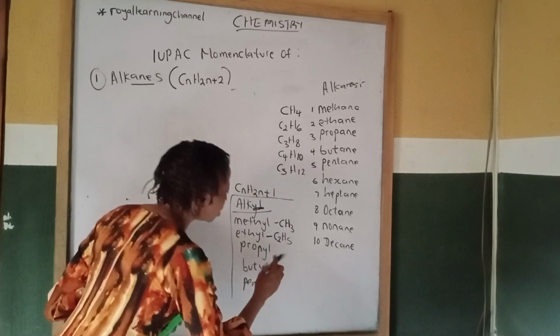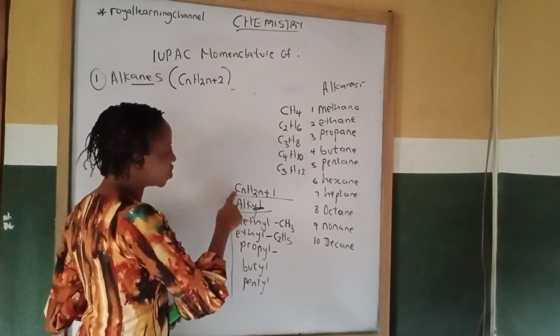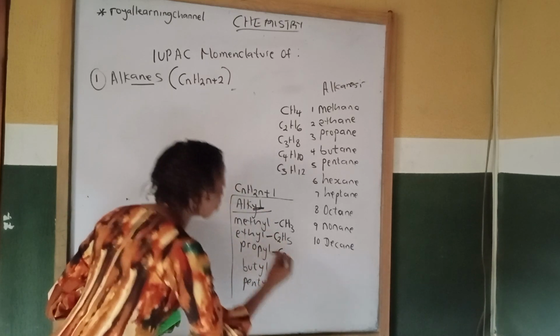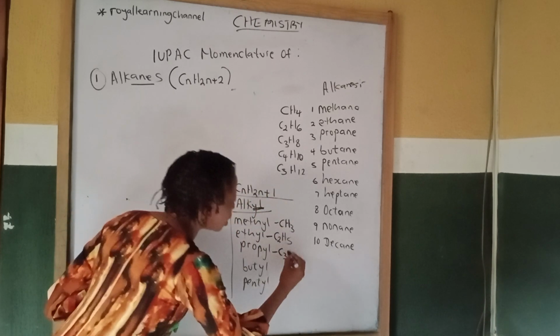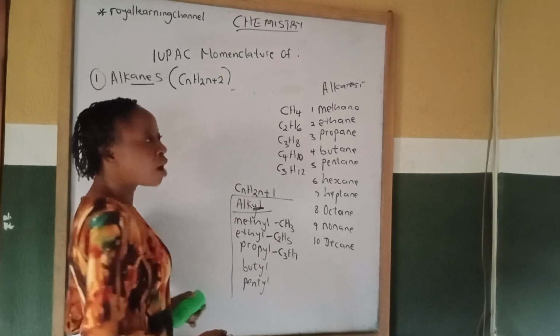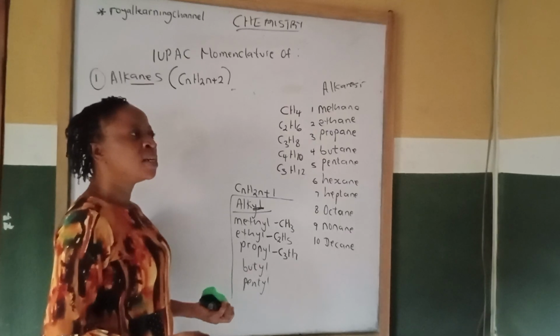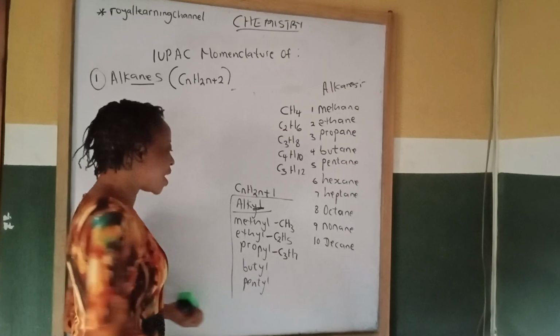So the next one, let's use our general formula. The third member, that's 3. C times 3 will give me C3. 2 times 3 is 6 plus 1, that's H7. Then you can follow your rules according to homologous series, which says that each successive member differs in its molecular formula by CH2.